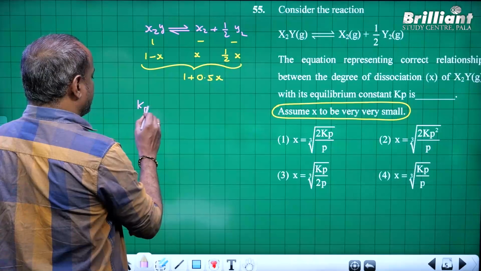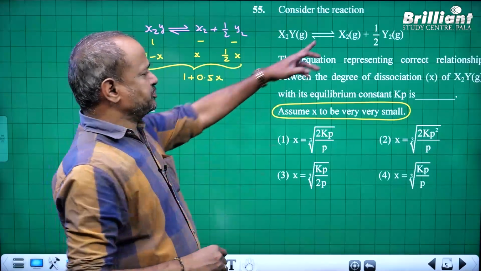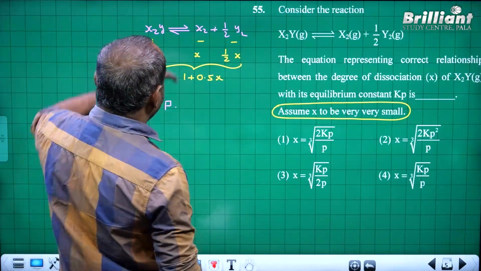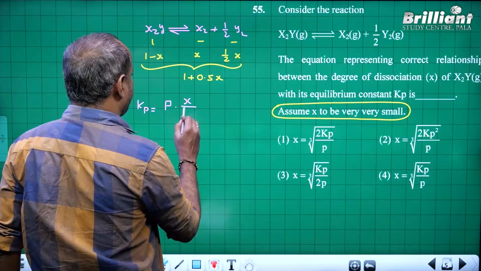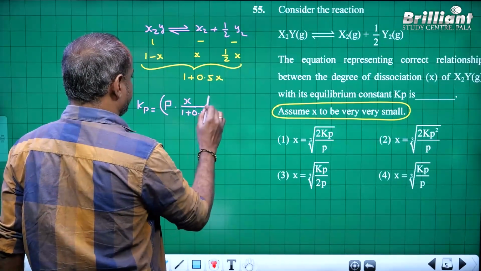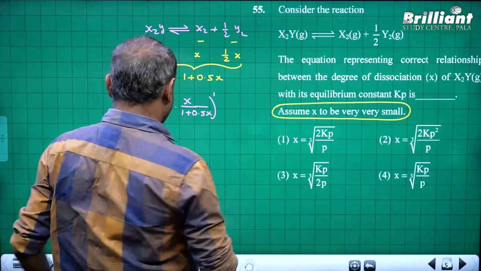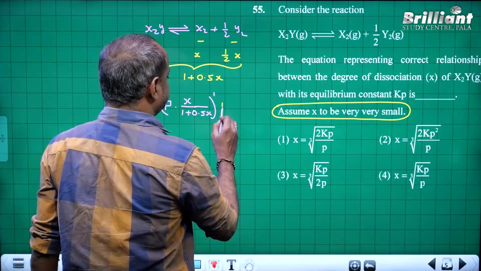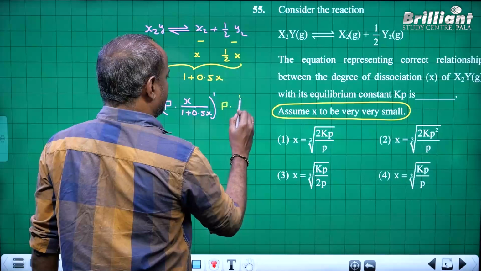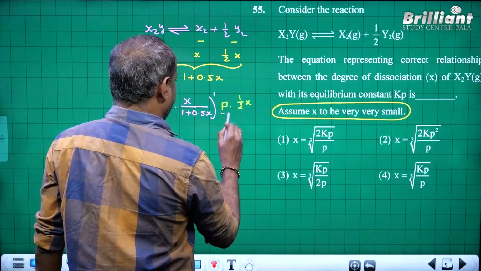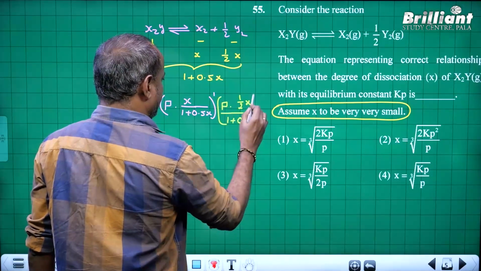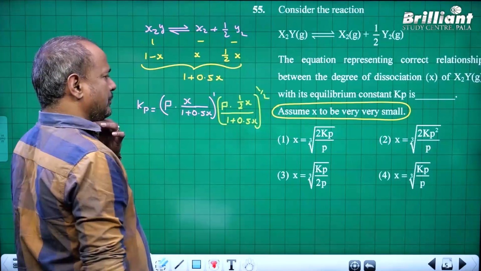Kp is equal to the partial pressure of X2, total pressure P times the mole fraction of X2, x by 1 plus 0.5x, raised to coefficient 1. The second one is total pressure times half x by 1 plus 0.5x, raised to 1 by 2.